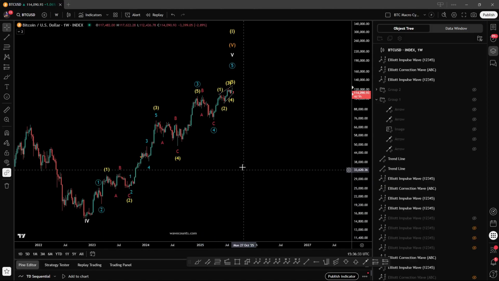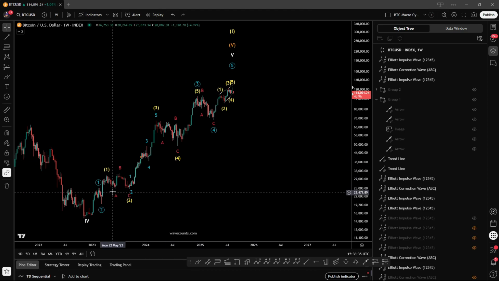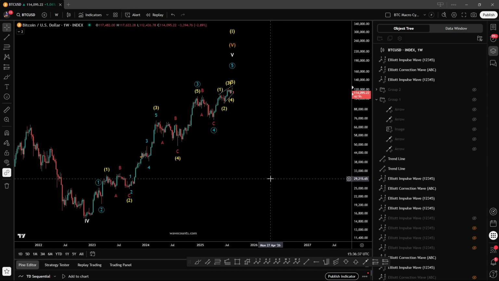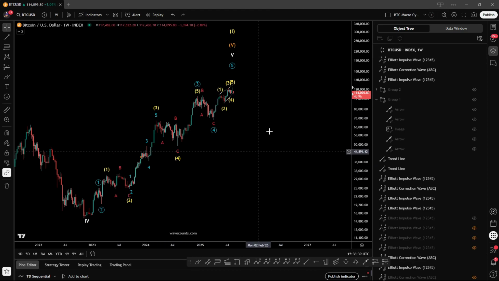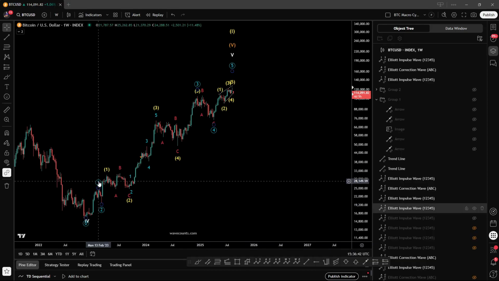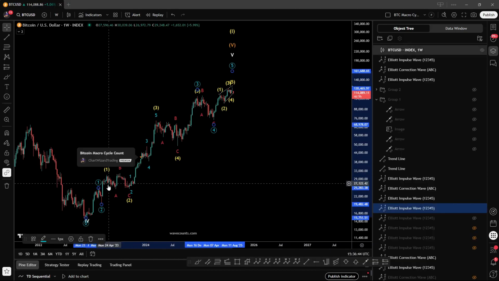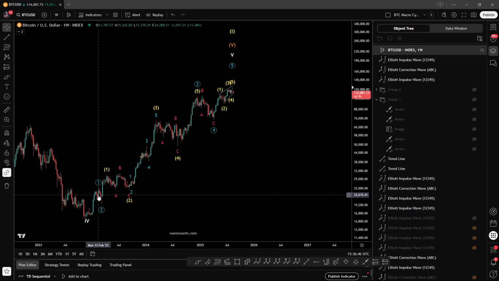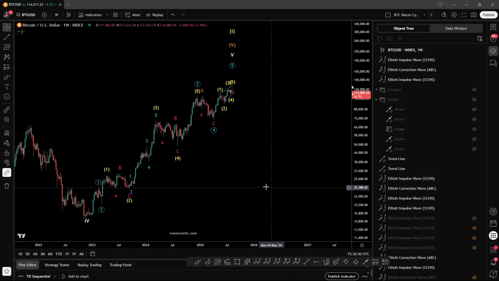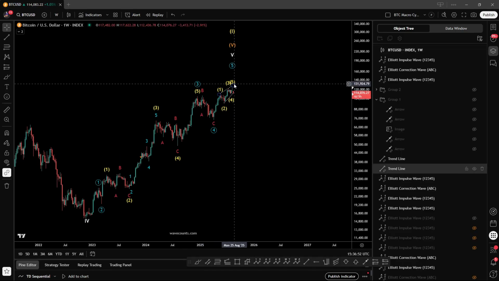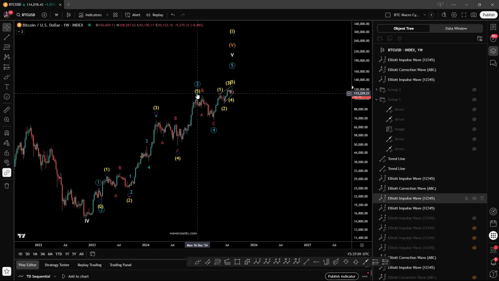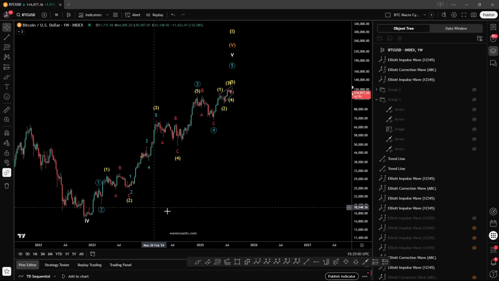The second rule of an impulse is that the third wave cannot be the shortest wave. And as you can tell by this labeling here, the third wave is much, much longer than, you only need to be longer than one of them, but it's longer than both 1 and 5. Even if 5, and there's opportunity for an extension here we'll talk about, even if 5 ended up being longer than this, it doesn't matter because it's longer than the first one.